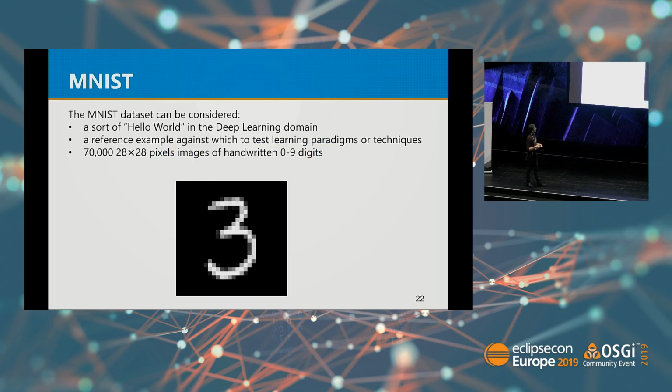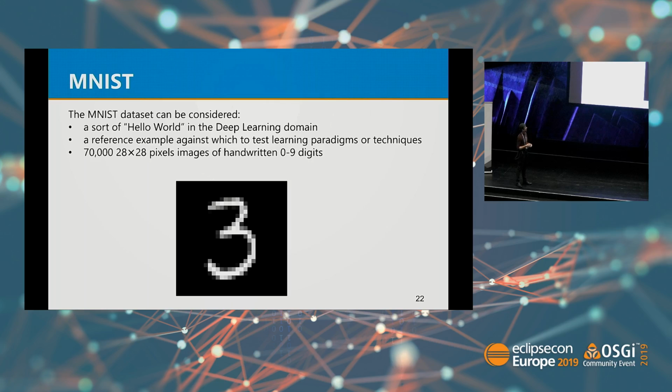Let's make an example. This is the MNIST dataset. This dataset is considered the hello world of deep learning, the initial example, and it is composed of 70,000 images, 28 by 28 pixel images, of handwritten 0 to 9 digits.